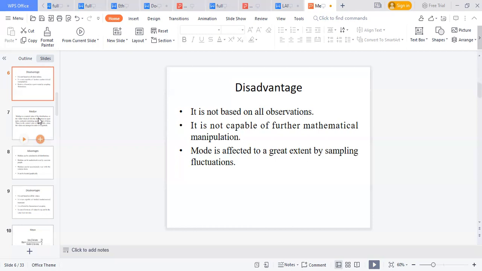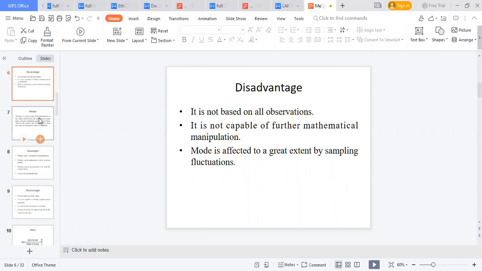Mode is affected to a greater extent by sampling fluctuations. Imagine we had 5 kids in that classroom. The moment we go to another classroom, you may find that in that other classroom, 4 of them are aged 3. When we add those to our group of participants, you find that the mode changes.